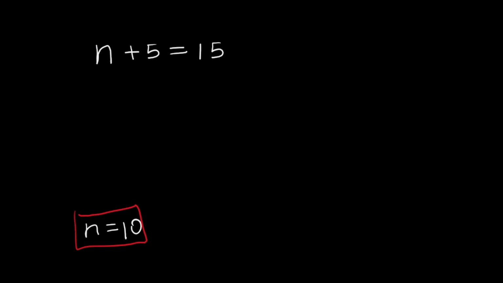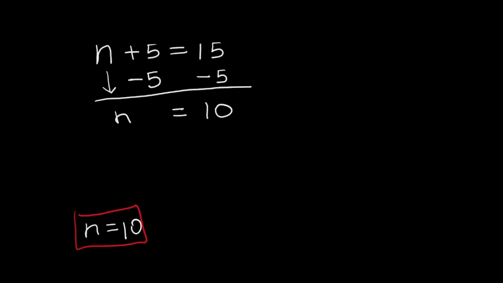As we mentioned before, we do the opposite of the operation here, so that becomes minus 5, and we have to subtract 5 from the other side. So we take the n down, we subtract 5 from 15, and n is equal to 10.